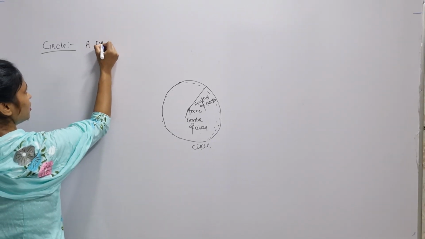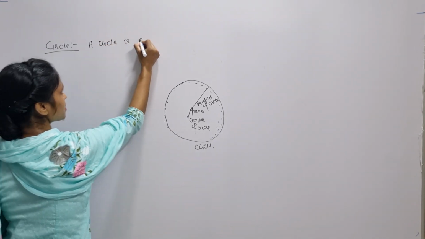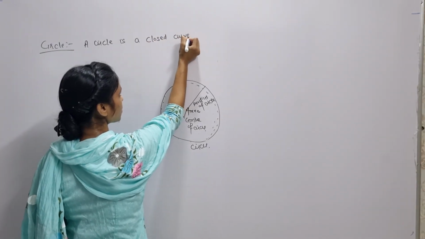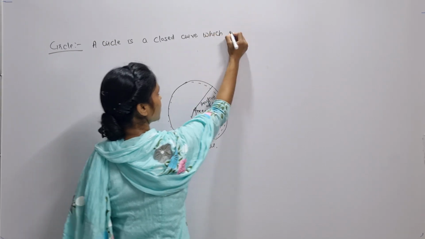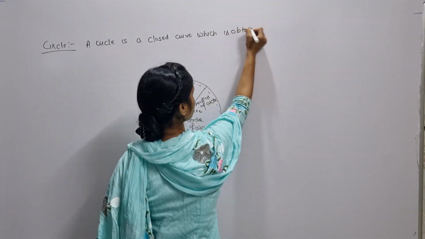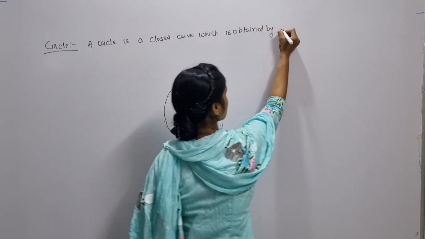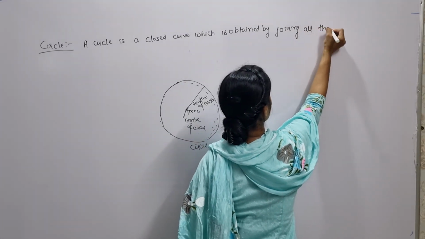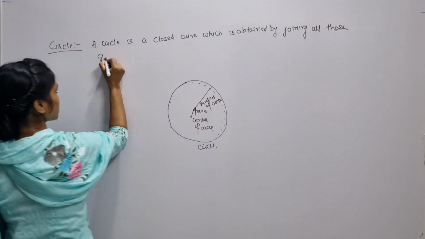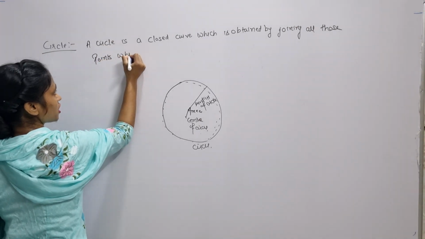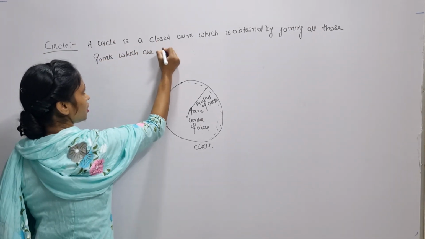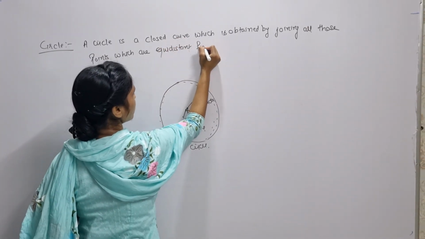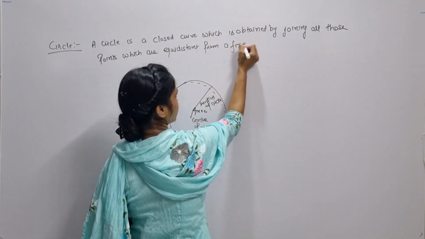A circle is a closed curve which is obtained by joining all those points which are equidistant from a fixed point.